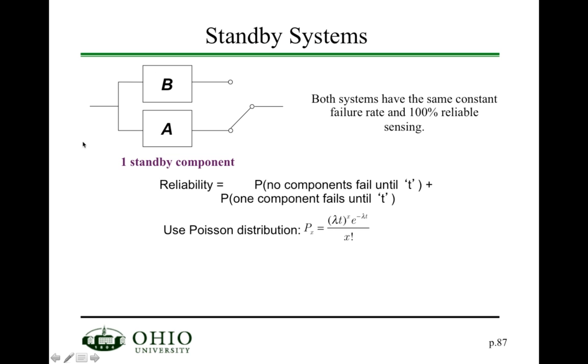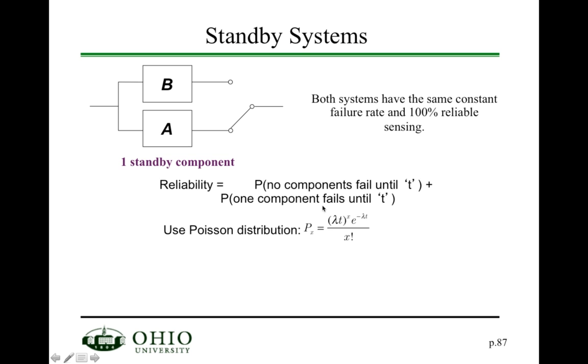So the reliability of this standby system is the reliability that no components fail until my exposure time, plus the reliability that one component fails until T. Because if one component fails, we still have the other one left, and it would have switched over.